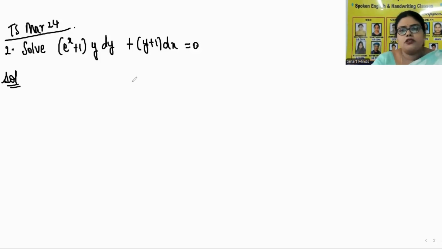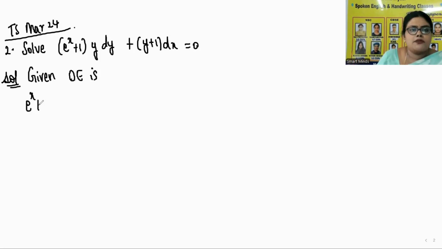Take the next question. This is also very important. It last appeared in TS March 24. Solve e power x plus 1 into y dy plus y plus 1 into dx is equal to 0.